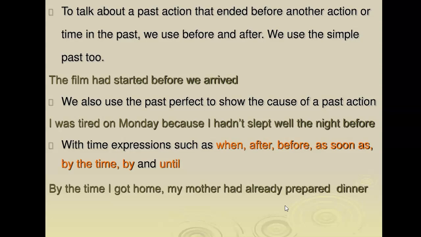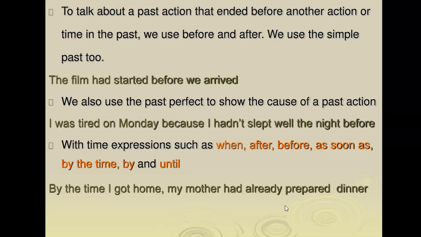So, we talk about a past action that ended before another action or time in the past, with before and after, and the simple past too. The film had started before we arrived. We also use the past perfect to show the cause of the past action. I was tired on Monday because I didn't sleep well the night before.